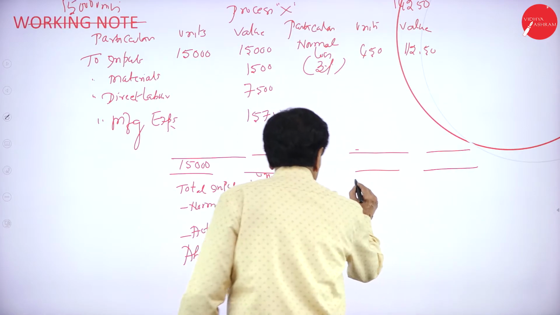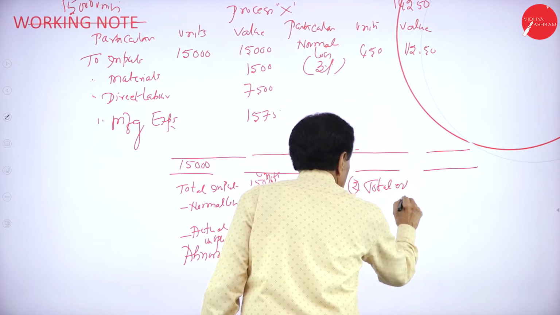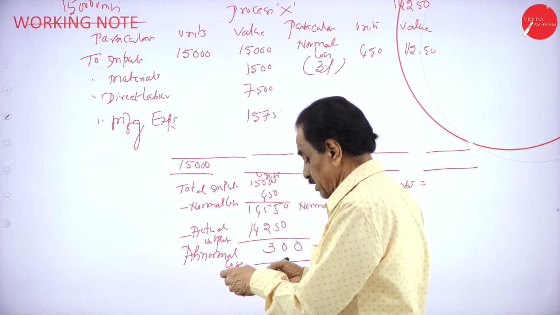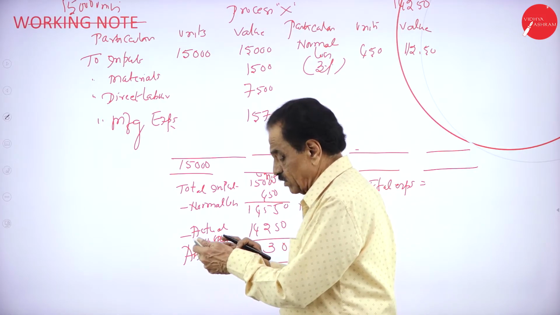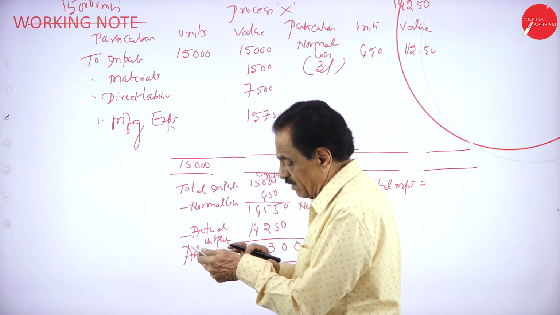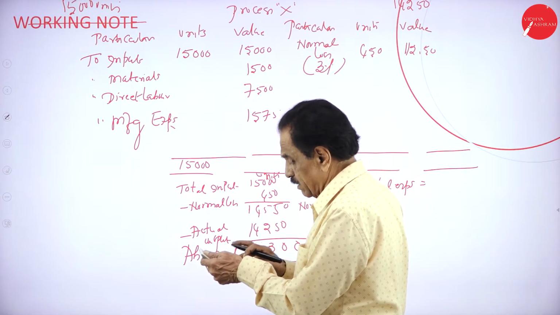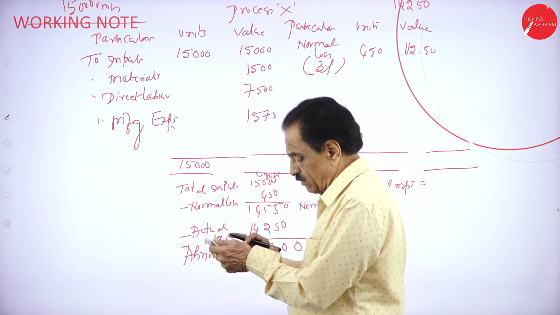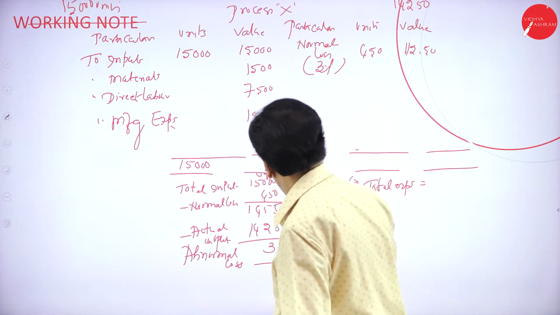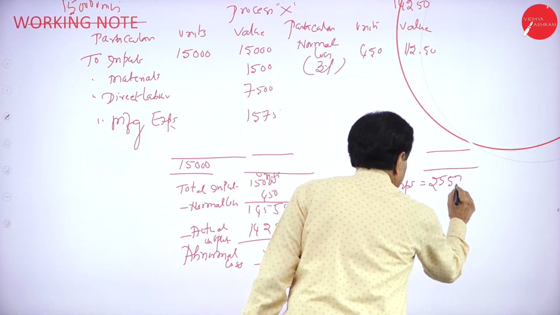Then working note number 2, total expenses. Add this: 15,000 plus 1,500 plus 7,500 plus 1,575 is 25,575.